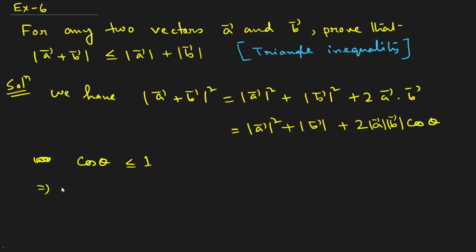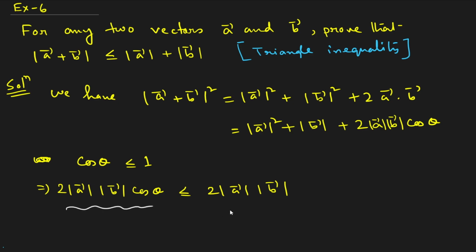So if you multiply both sides by 2 into mod a bar, mod b bar, then you will get 2 mod a bar mod b bar cos theta is less than or equal to 2 into modulus a bar, modulus b bar. Now you just compare these two terms. Here see what I am writing: modulus a bar square plus modulus b bar square plus 2 into modulus a bar, modulus b bar.